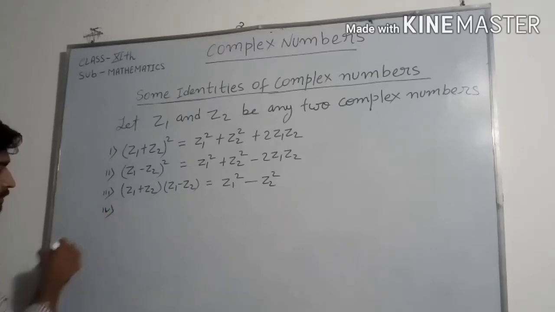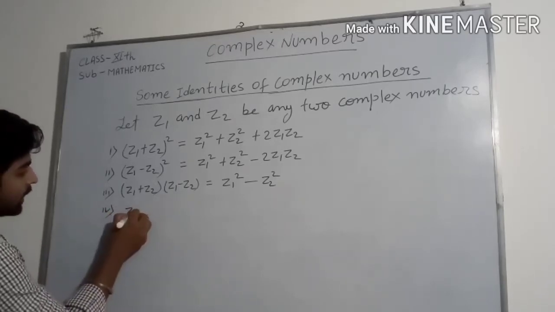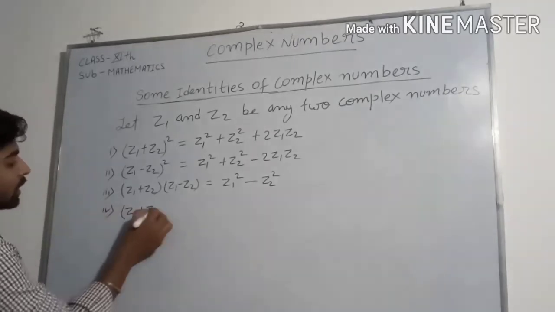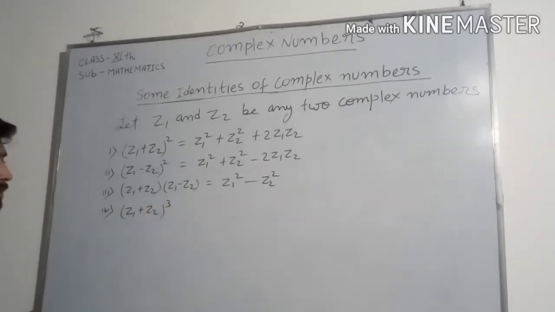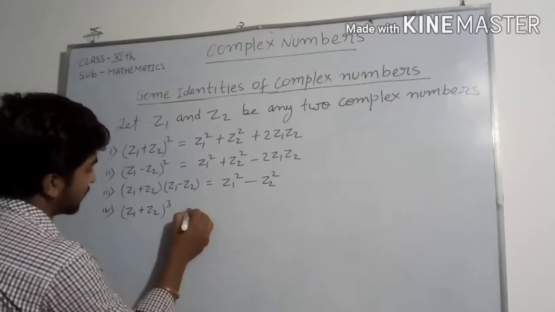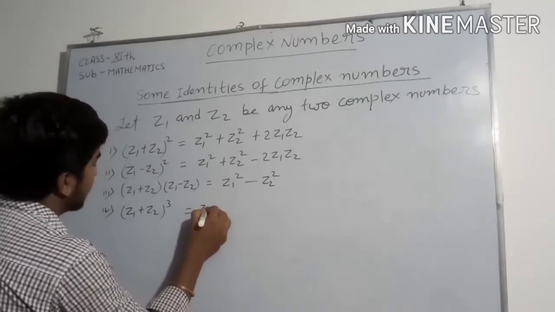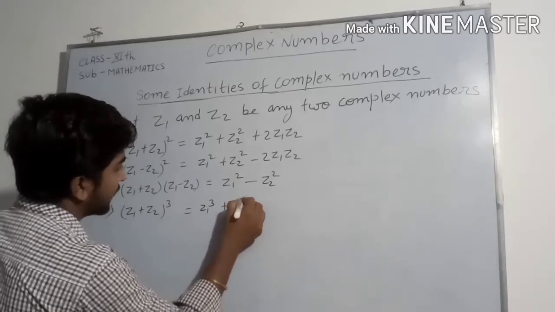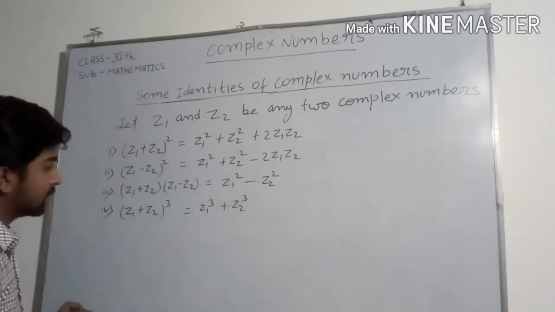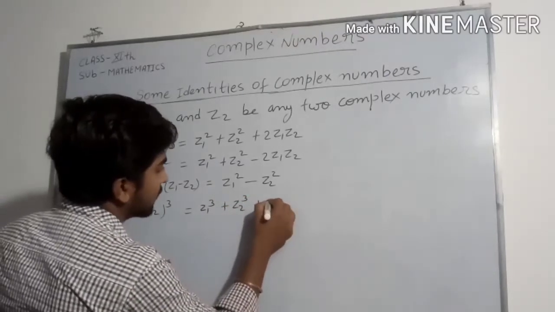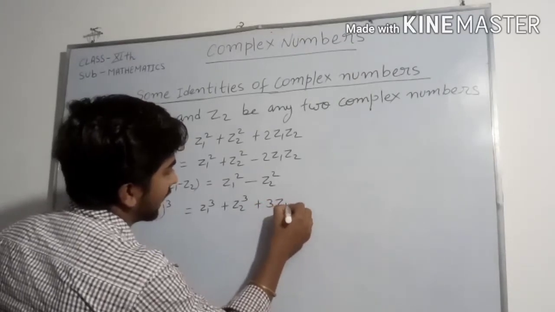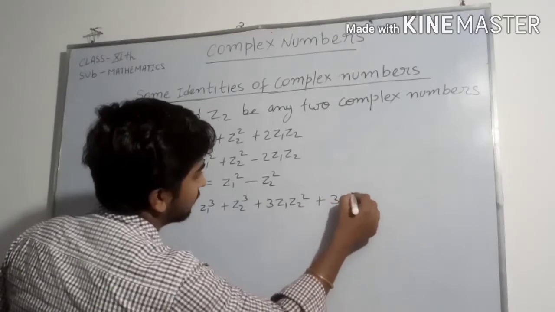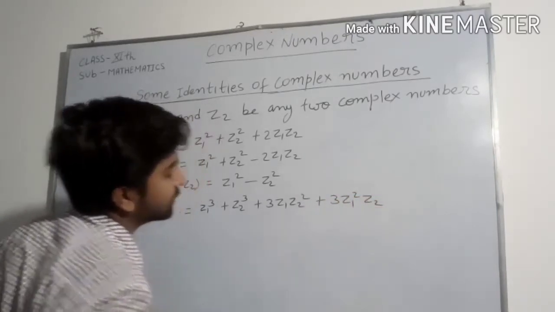Fourth identity, whole cube of Z1 plus Z2 equals cube of Z1 plus cube of Z2 plus 3 Z1 Z2 square plus 3 Z1 square Z2.